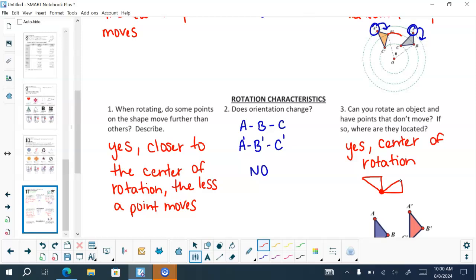Let's say I rotate that triangle around. Again, it's not perfect, but it gets the idea across. If the point that you're rotating around is on the shape, then it's going to stay there. So if the point is on the center of rotation, it's not going to move.